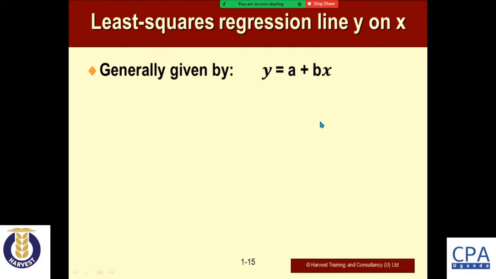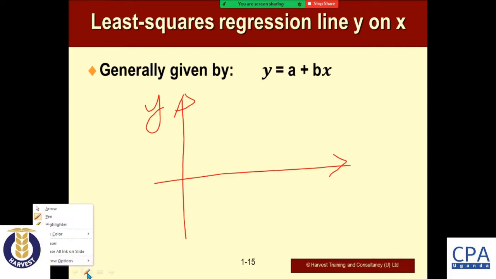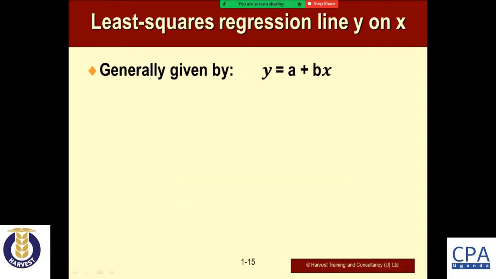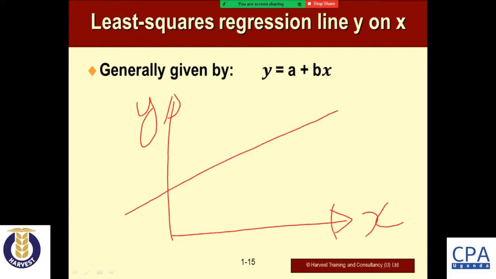So when we talk about least squares equation y on x, we are looking at a scenario where we have y on the vertical axis and x on the horizontal axis. So that is the line y is equal to a plus bx.